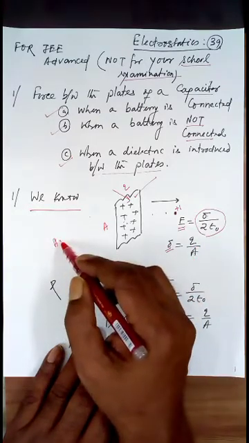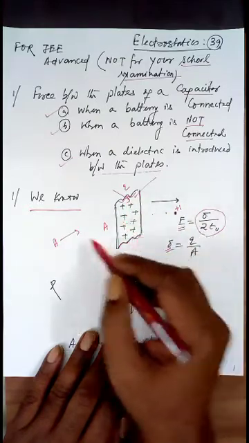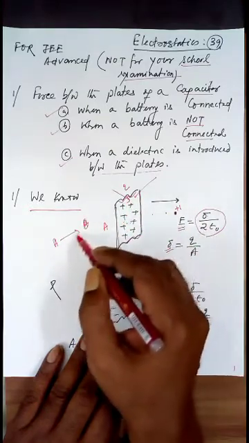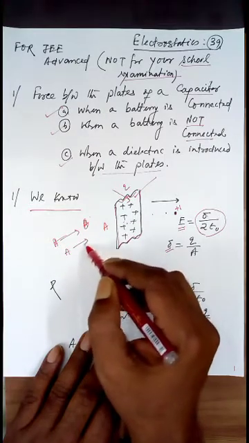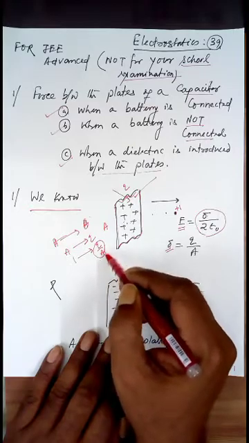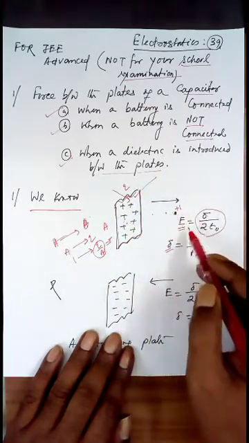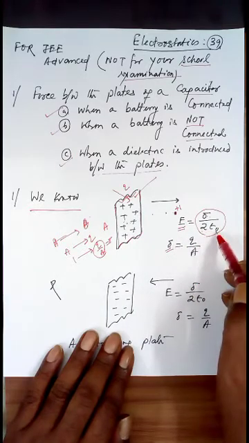Means on area A, Q charge was distributed, so the charge on unit area is Q by A. This was called sigma, and due to this, on this side the electric field was sigma by 2 epsilon naught.